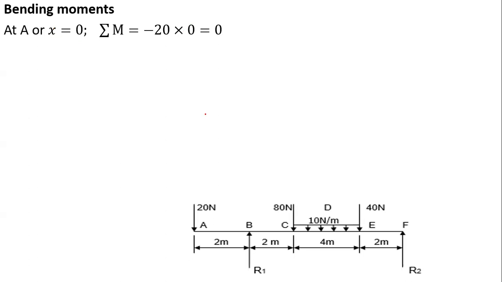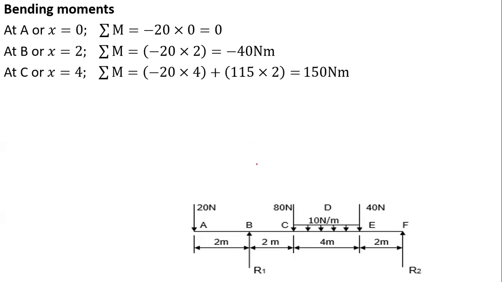But the analysis is still the same. Proceed to point B. When I'm at point B, I have this negative 20 multiplied by 2, because now x is 2. So negative 20 by 2 equals negative 40.